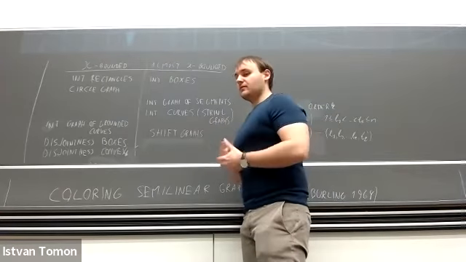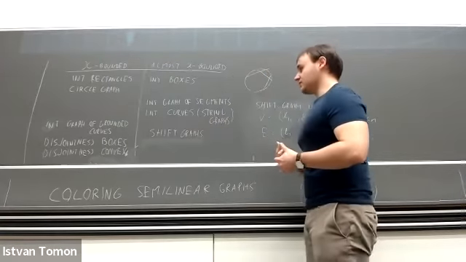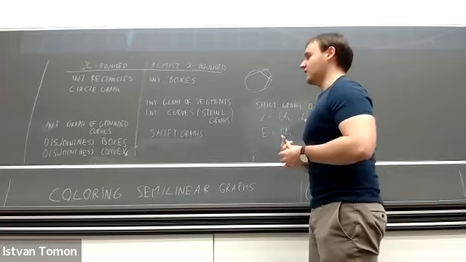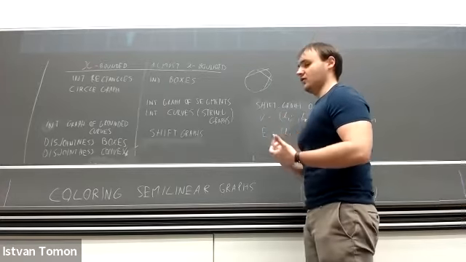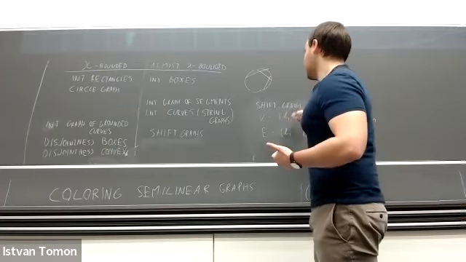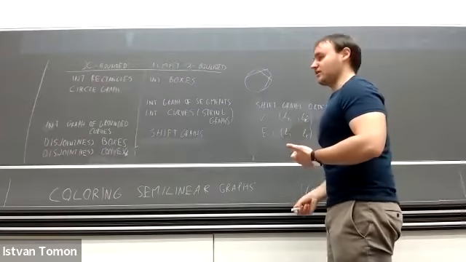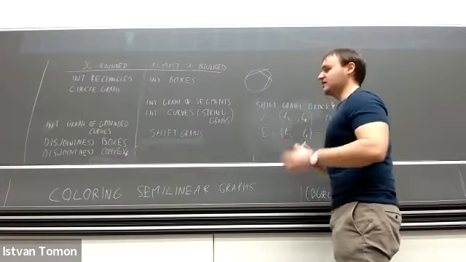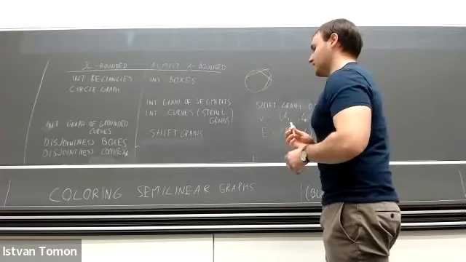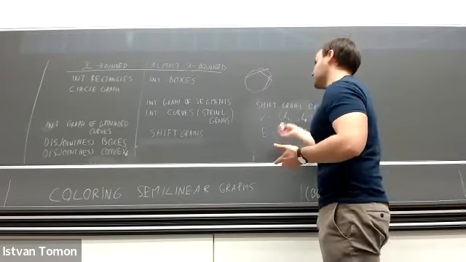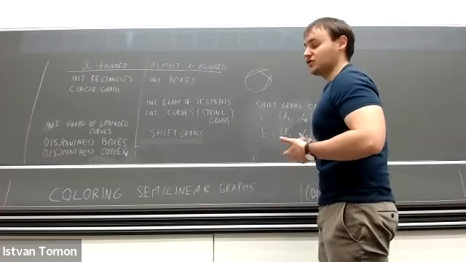Okay, so now we have seen a bunch of examples of geometric graphs where they are either chi-bounded or almost chi-bounded. Now here you can argue whether you want to call this graph geometric or not, but later I will give you some definition according to which this should be considered as geometric.